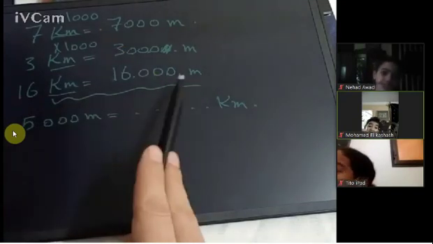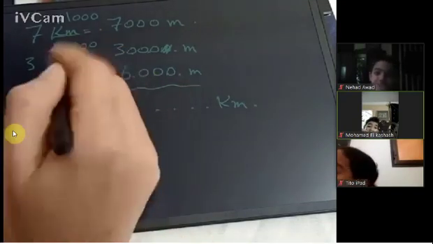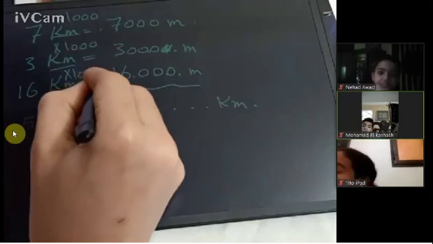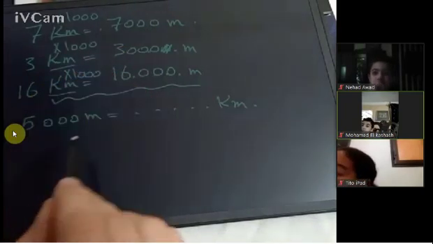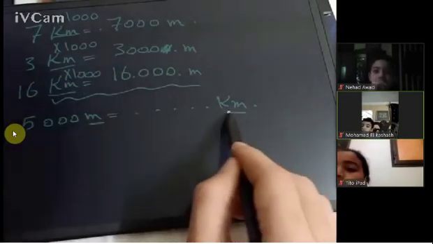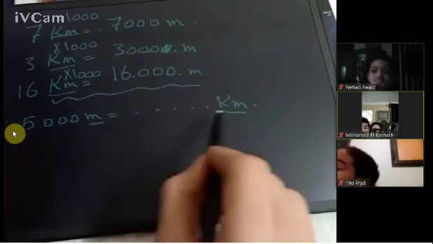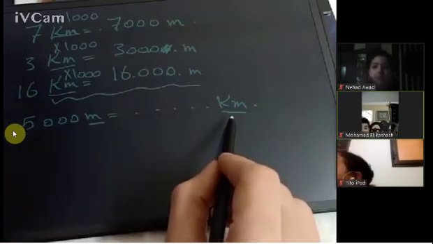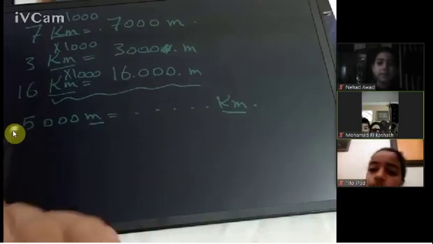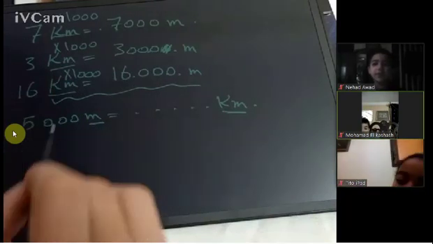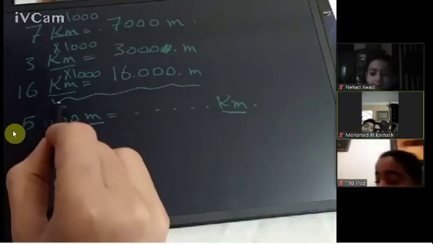From kilometer to meter, we multiply by 1000. What about the opposite? If it's from meter to kilometer, 5,000 meters equals how many kilometers? We will erase 3 zeros, and erasing 3 zeros means divide.